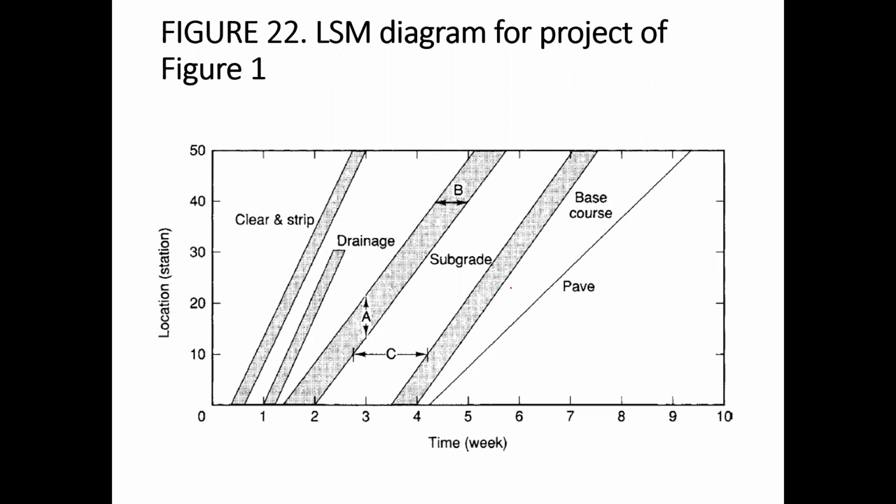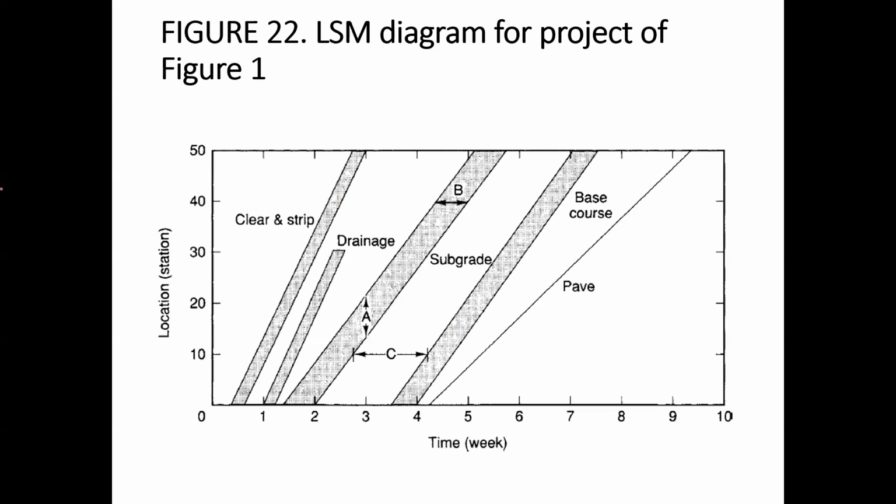So in the linear scheduling method, basically you create these kinds of diagrams. These diagrams show the progress on each of those repetitive activities in a more convenient way, which is normally not very easy to represent on a network diagram. The linear scheduling diagram is an alternative to network diagramming when there are repetitive activities on the project.